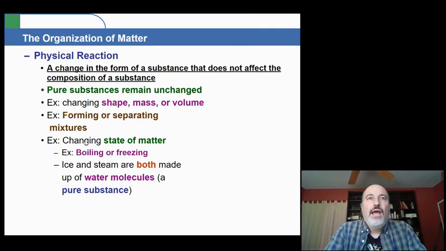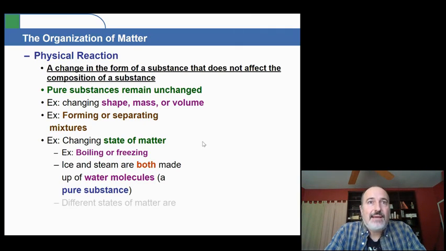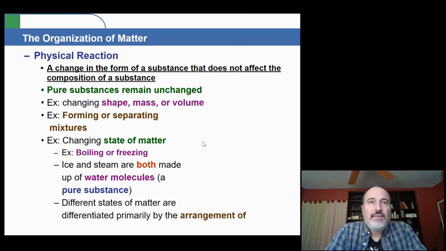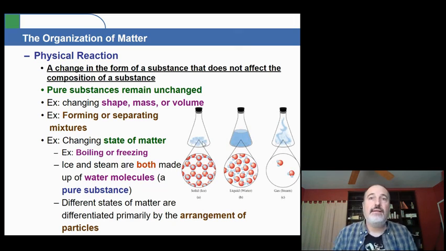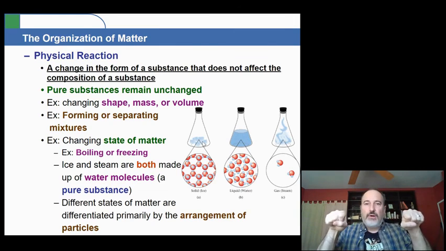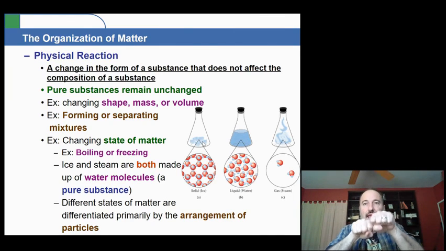So changing state of matter is an example of a physical reaction. And remember, the different states of matter are differentiated primarily by the arrangement of particles. So in solids, the particles are touching each other and they're rigidly held in place. That's why you can't really change the shape of a solid very easily.